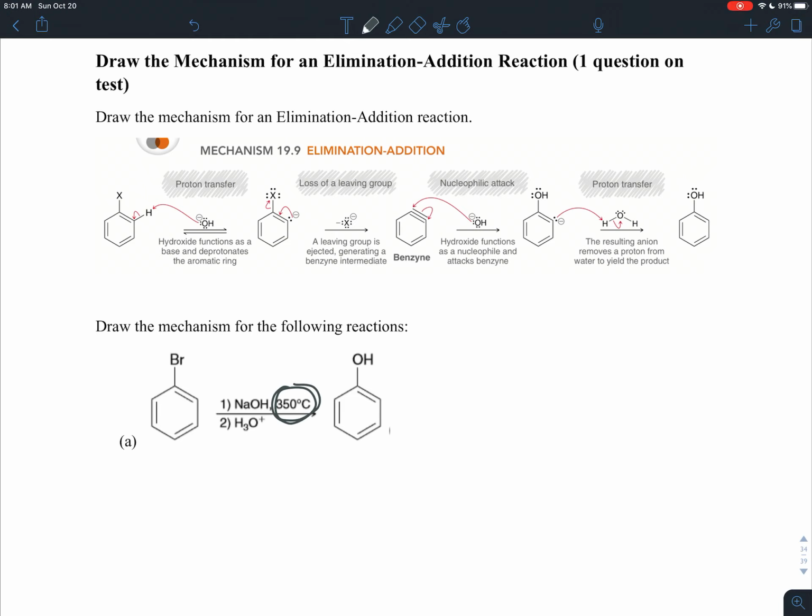If you take that electron withdrawing group off, it's harder, you don't form as stable of an intermediate, so you have to destabilize the molecule a whole bunch. And so you have to really heat the reaction mixture up. So that's the trade-off. Now, you end up eliminating this leaving group and then adding the nucleophile. So that's why it's called elimination addition.